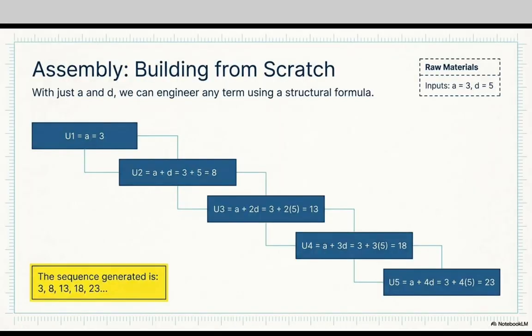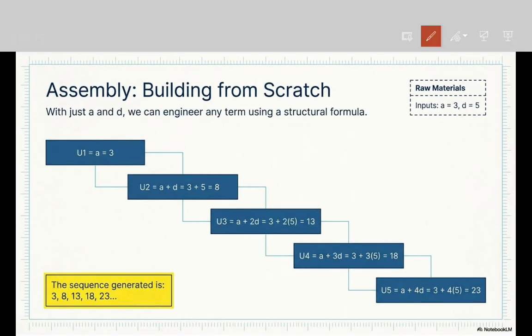Okay, now we build an arithmetic progression when we are given the values of A and D, the first term and the common difference. So given A equals 3 and D equals 5, we can build everything.